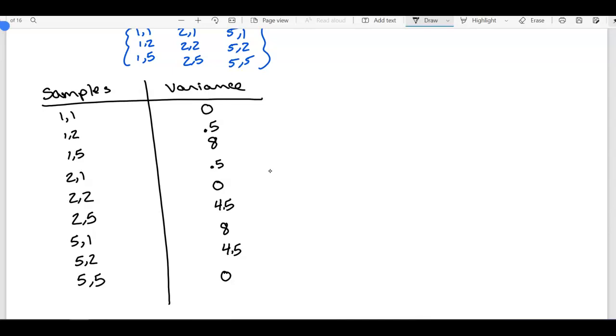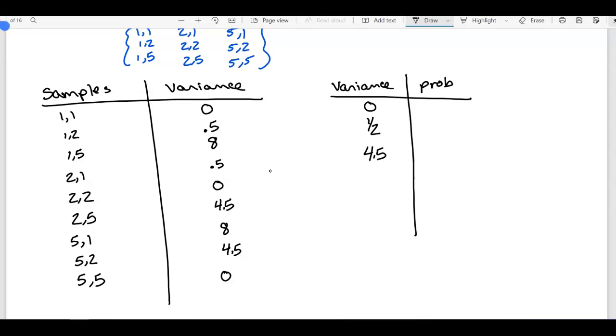If we wanted to create that probability column, we could. Each sample has a probability of 1/9. So notice we do have some overlapping numbers here. 0 happens a few times, 0.5 happens a few times, 4.5 happens a few times. So we could condense that table. And sometimes my math lab will ask for that answer. Let me write 1/2 as 0.5.